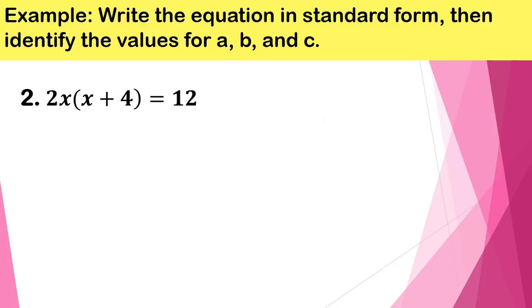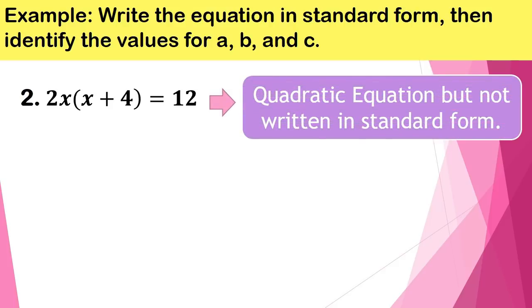Proceed. Example number 2. So we have here 2x times x plus 4 equals 12. So as you can see, on the given example for number 2, this is not written in a standard form. So this is a quadratic equation but not written in standard form. That's why we need to arrange the given equation here. So how?